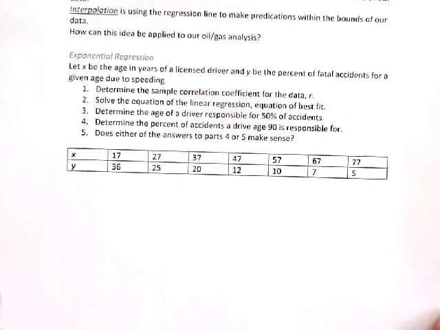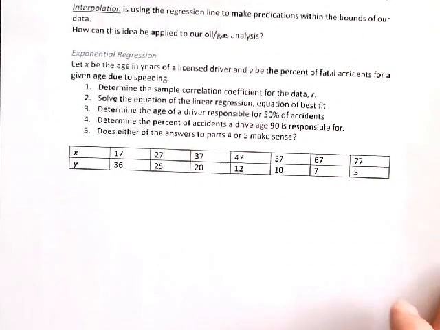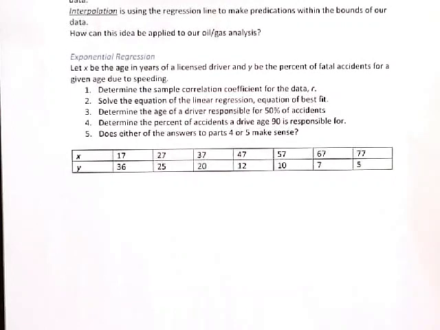Okay, so the other videos that you were just watching were recycled from my stats class for how to do linear regressions and what the R values and everything means. Adding on to that are exponential and other types of regressions.